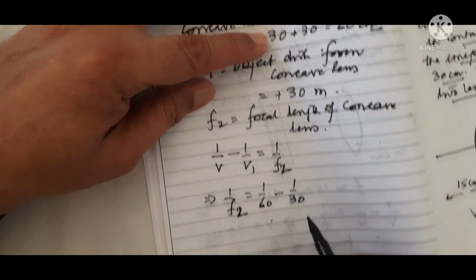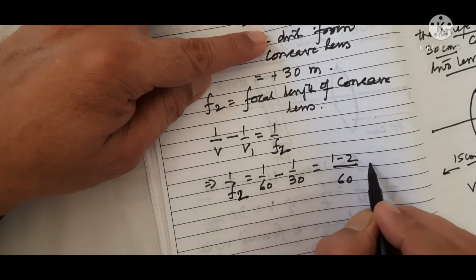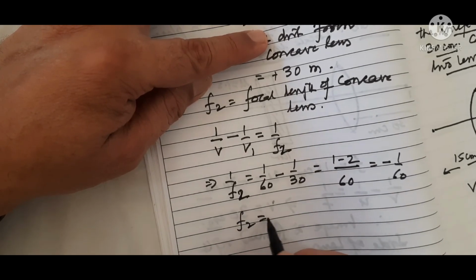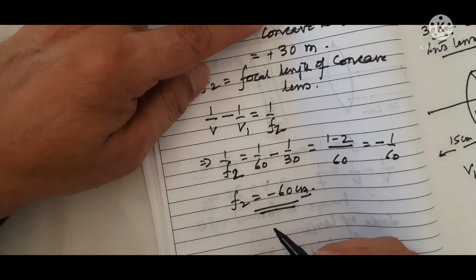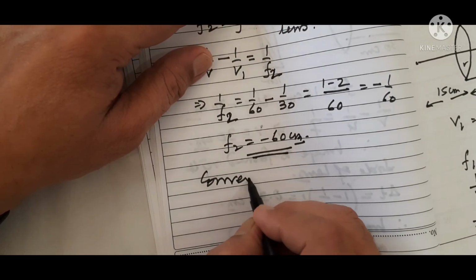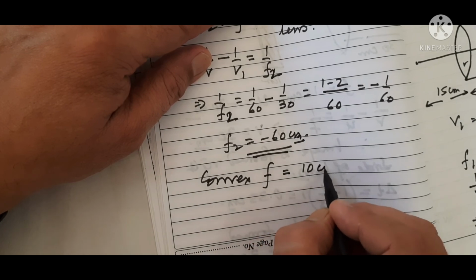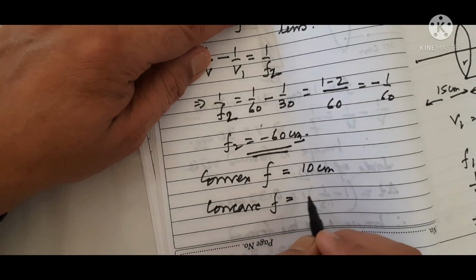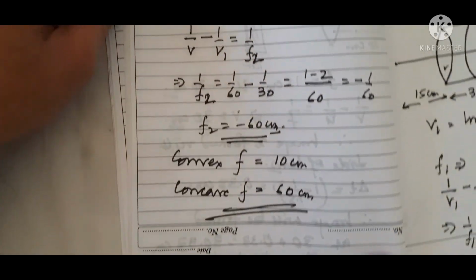So therefore take the LCM, 60, 1 minus 2, that is your minus 1 by 60. So f2 will be minus 60 centimeter. तो ये कनकेव लेंस का फोकल लेंथ निकल गया. So कन्वेक्स का फोकल लेंथ आया 10 सेंटीमीटर, एंड कनकेव का फोकल लेंथ आ गया 60 centimeter. That should be your way of doing it.